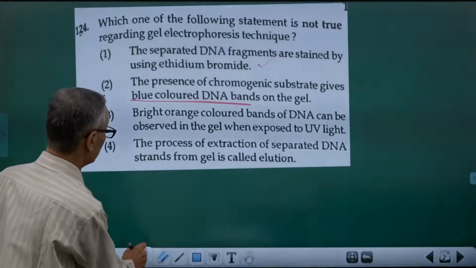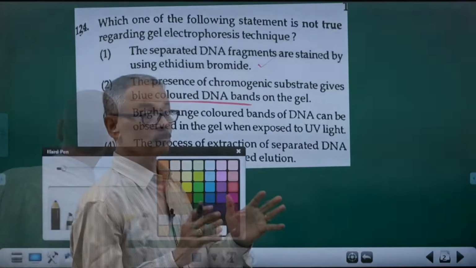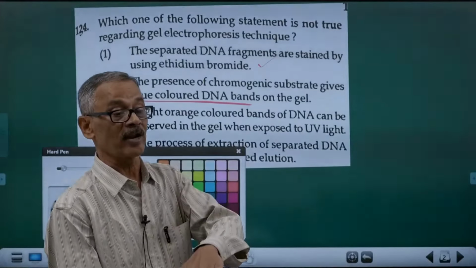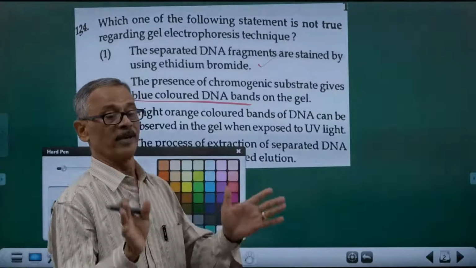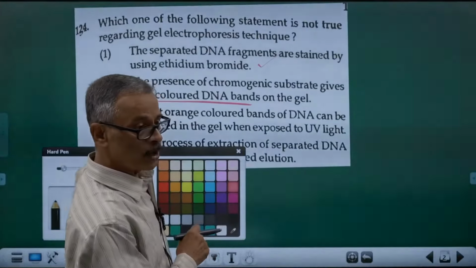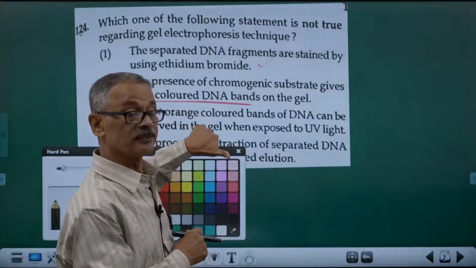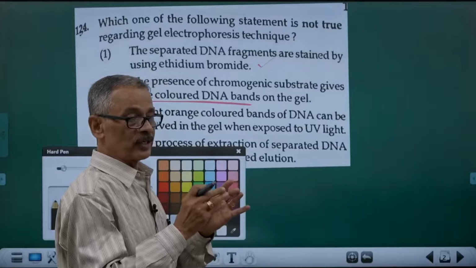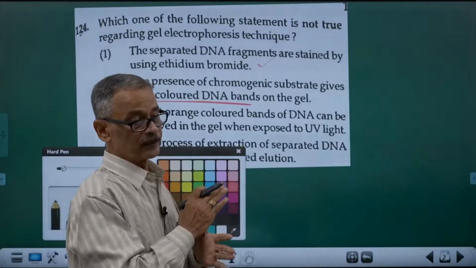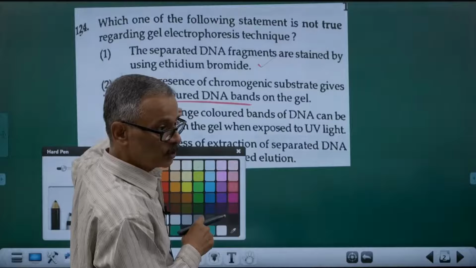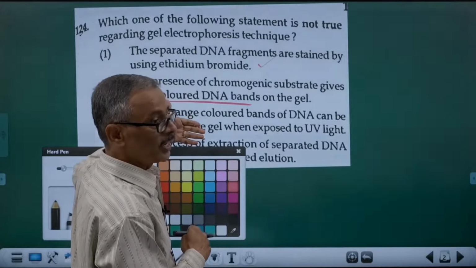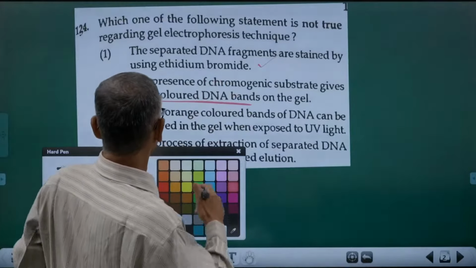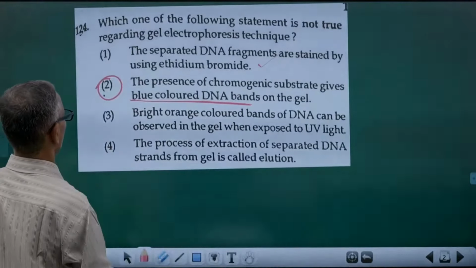This is not correct because this is a technique for identifying a transformant from a non-transformant recombinant one. When you are using a technique where you are using pUC, this technique will be easier to distinguish a recombinant transformant from a non-recombinant transformant. It is not applicable to this one.